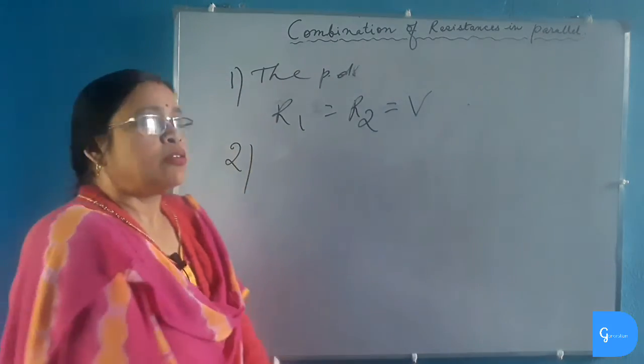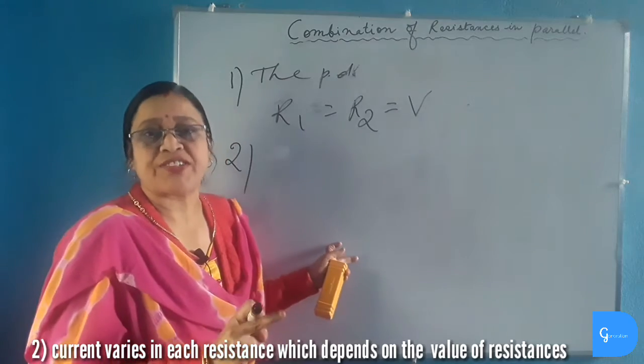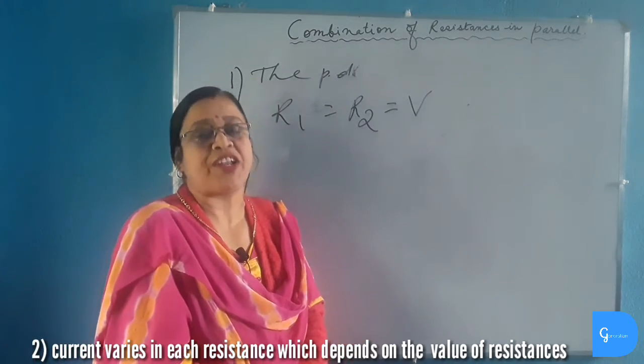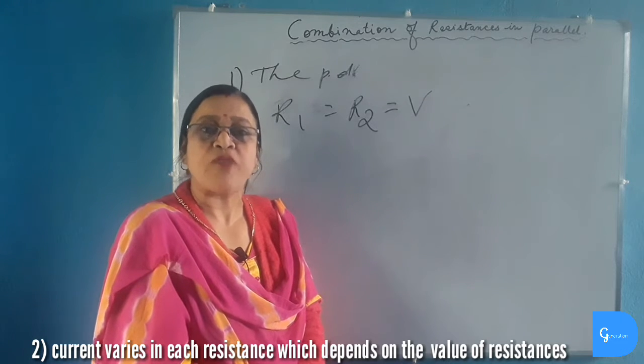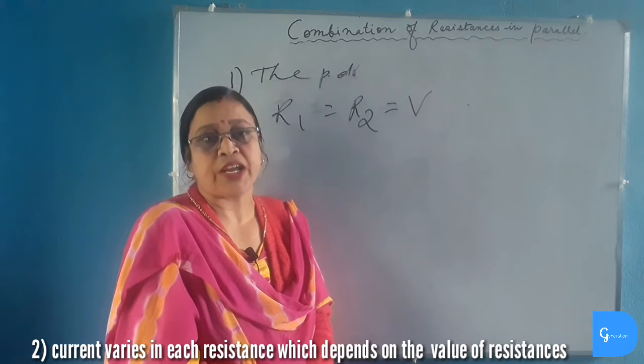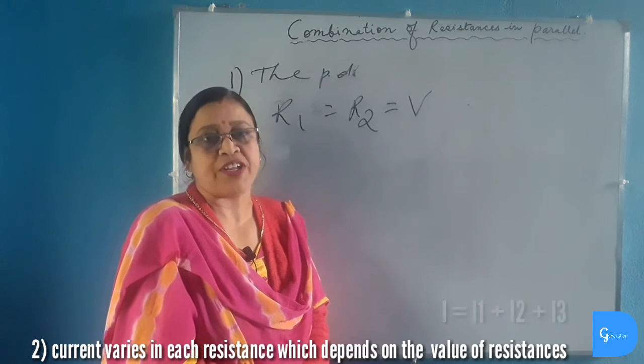Number two, in parallel circuit, the current flowing across each individual resistance will be different, and the value of the current flowing through each individual resistance will depend on the value of the resistances connected in parallel. But the total current flowing through the circuit will be equal to the sum of the current flowing through each individual resistance.